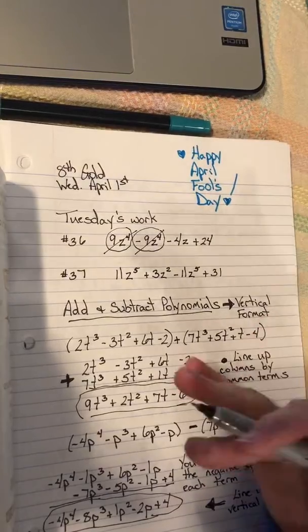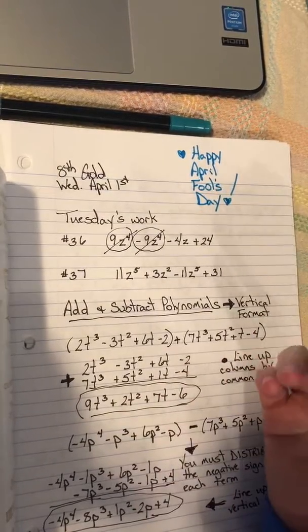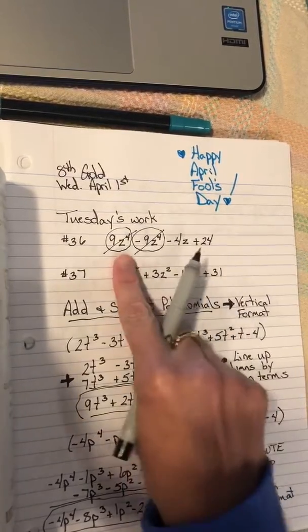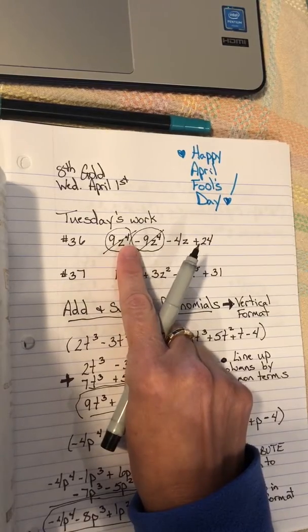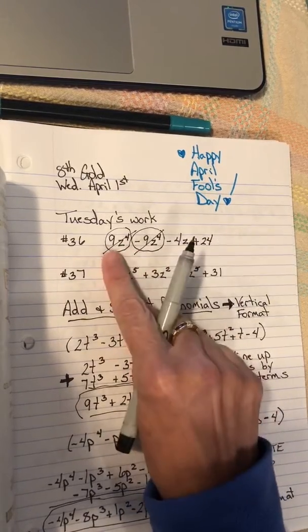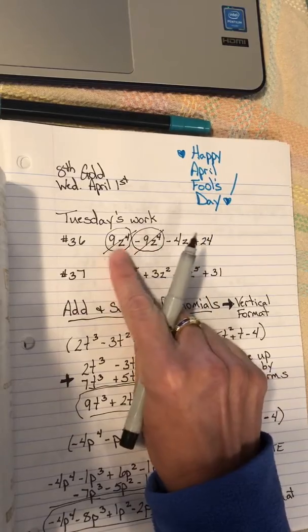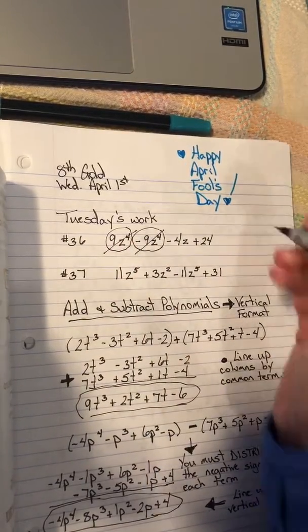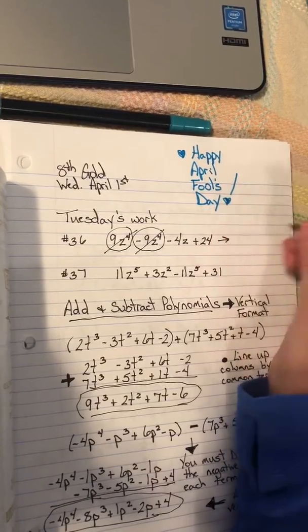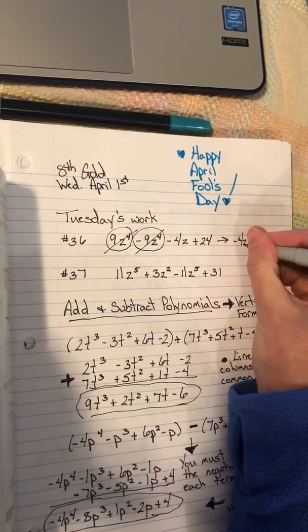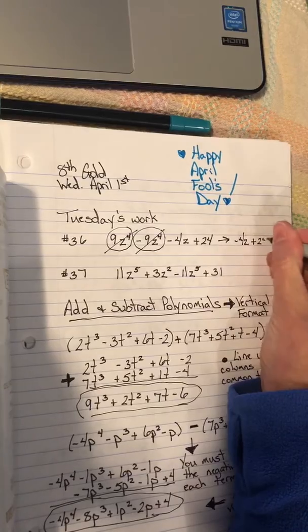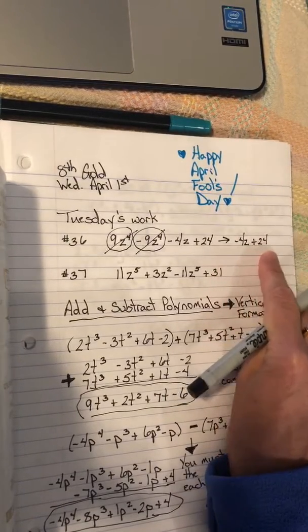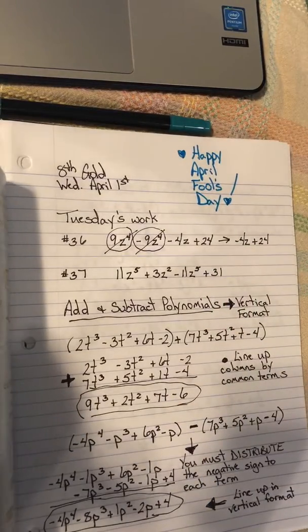Some of you canceled out the coefficient, but you did not cancel out the variable with the exponent. So the whole thing cancels out, not just the 9 and the negative 9. So this would turn into negative 4z plus 24 is your final answer.